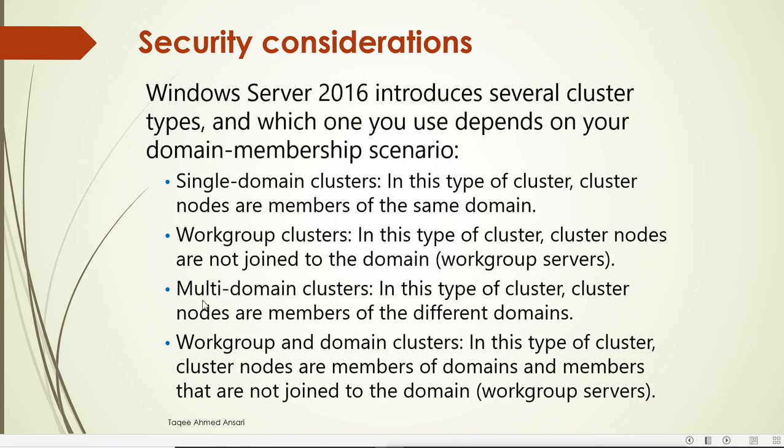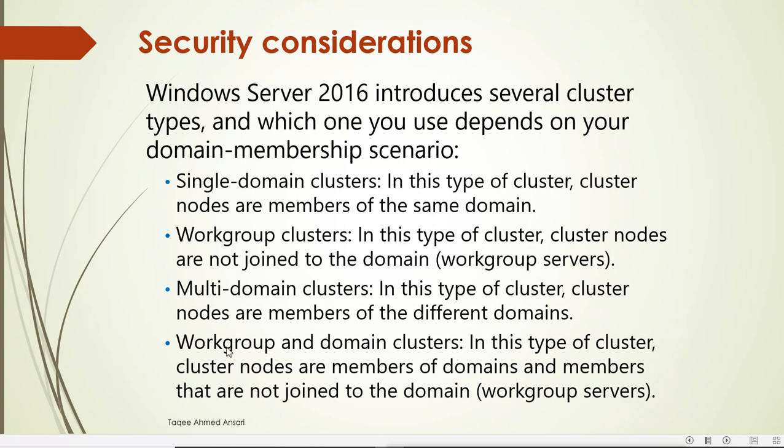Then we can also have multi-domain clusters. In this type of cluster, cluster nodes are members of different domains. Suppose we have a forest with multiple domains. We can have nodes which are members of different domains, and still join them to create a single cluster. It is called a multi-domain cluster.